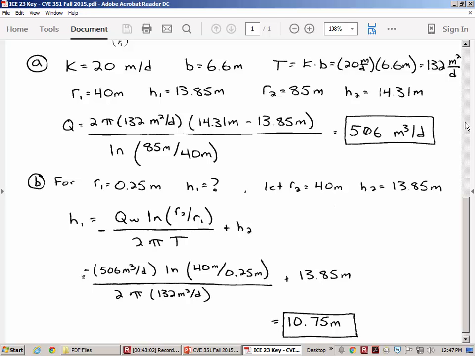Any questions about this one? We didn't have to use 40 meters for the R2. We could have used 80, but then you'd have to use whatever the height of the water is at location 2 for that specific location. This is called the Thiem equation.